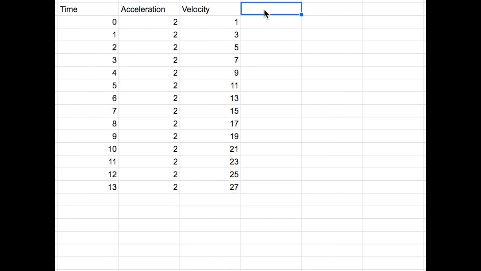Now we will have distance. So this is the distance that we travel. And this estimation of the distance will just be based on the previous velocity. And we'll start at a distance of 0.